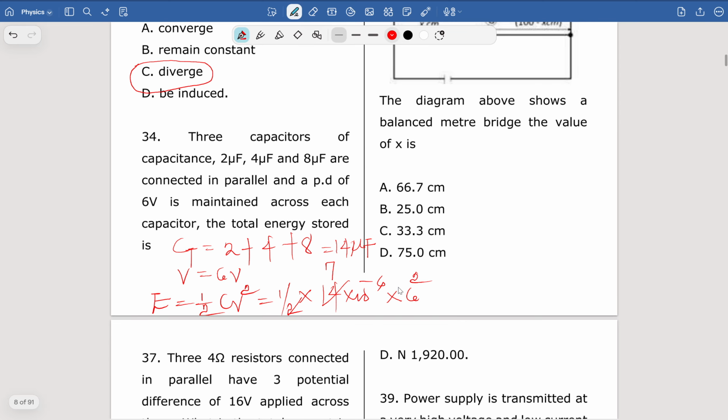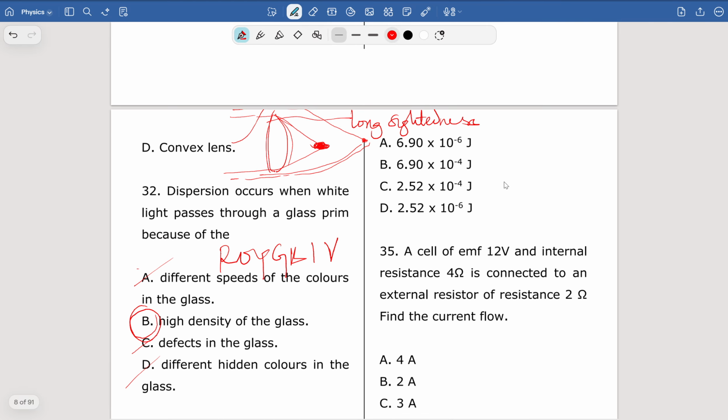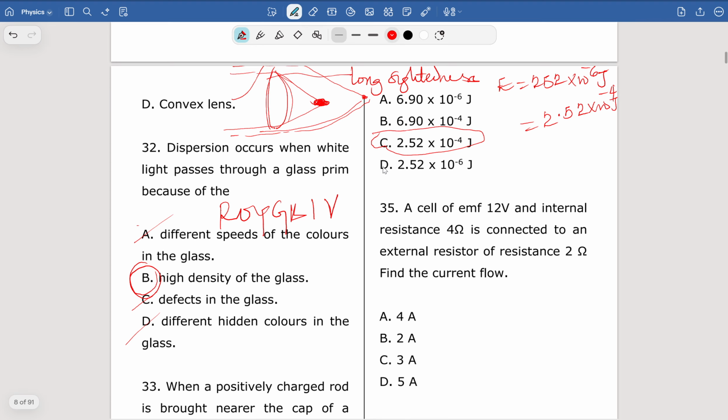And then 6 squared, that is 36. 36 multiplied with 7 is 252. E is equal to 252 times 10 to the power negative 6 joules. And by indices, it is 2.52 times 10 to the power negative 4 joules. So you expect this one to be your correct answer there.